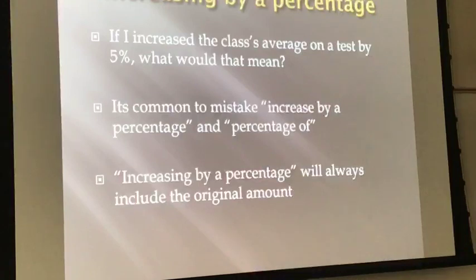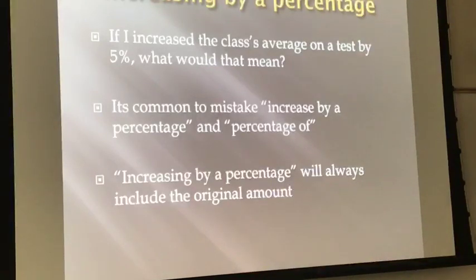So increasing by percentage is where it really gets kind of confusing for students sometimes. If I increase the class average on a test by 5%, what would that mean? You scored a 90. And I said, okay, I'm going to add 5%. Yeah, it's going to increase, right? So if you increase by a percentage, that means it's going to go up.